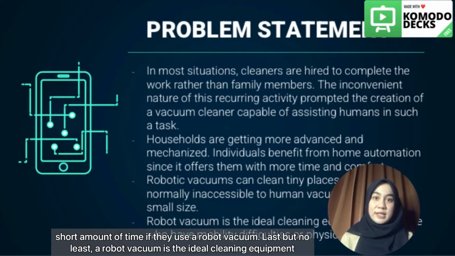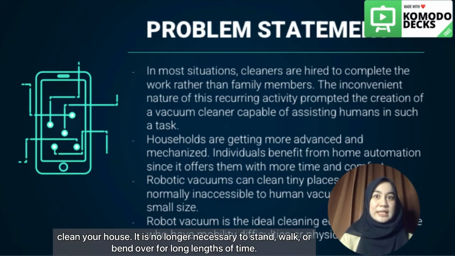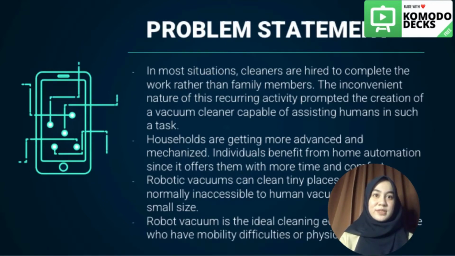Last but not least, a robot vacuum is ideal cleaning equipment for those who have mobility difficulties or physical illnesses. So, simply turn it on, use your phone to operate it, and let it clean your house. It is no longer necessary to stand, walk, or bend over for long lengths of time.